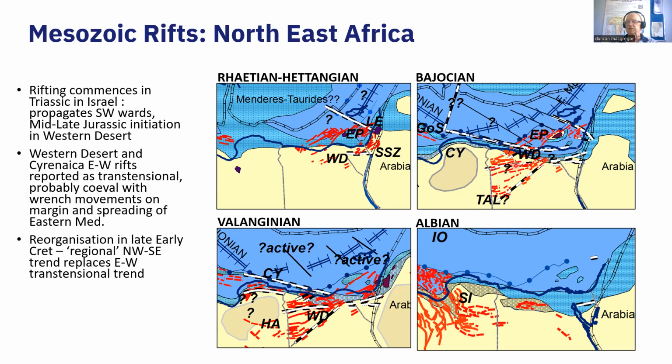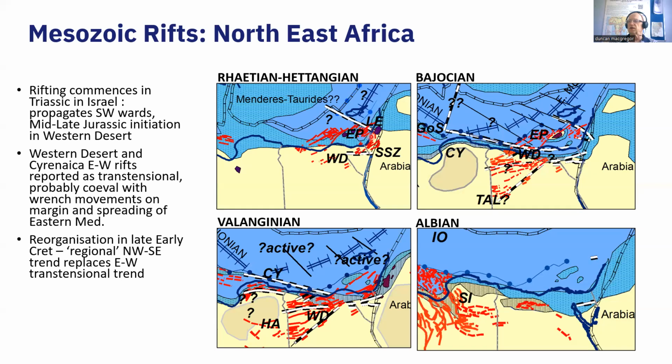The one thing I would say from the regional timing of them is that they do seem to tie well to when we think this transform is moving along the Egyptian margin, when the spreading was actually occurring of the Eastern Mediterranean basin, which we think starts around mid-Jurassic and ends perhaps in early Cretaceous. And actually, these rifts are probably rifting the most in the early Cretaceous.